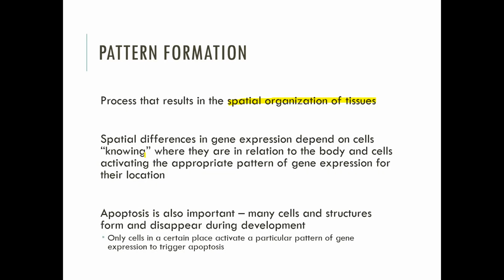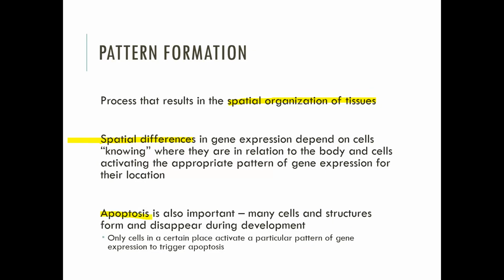For instance, the ectoderm, the outside, will become the skin and the nervous system. The middle layers become things like muscles and bones and blood, okay? And then your innermost layers become the linings of your digestive tract. And so just knowing where they are, these spatial differences, is going to determine what types of cells or what types of systems they are going to become.